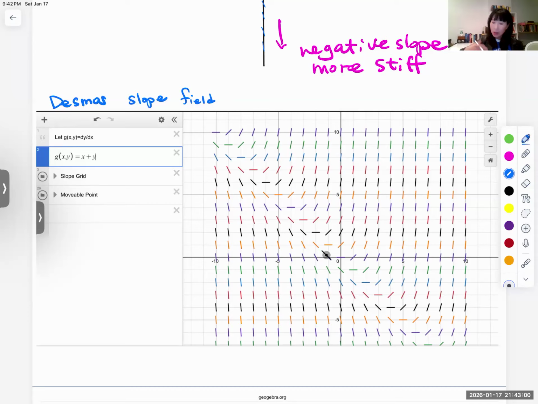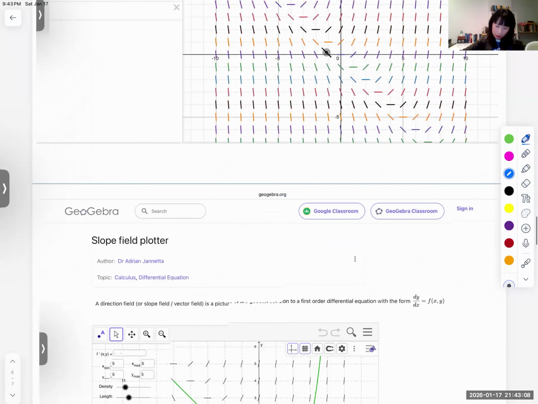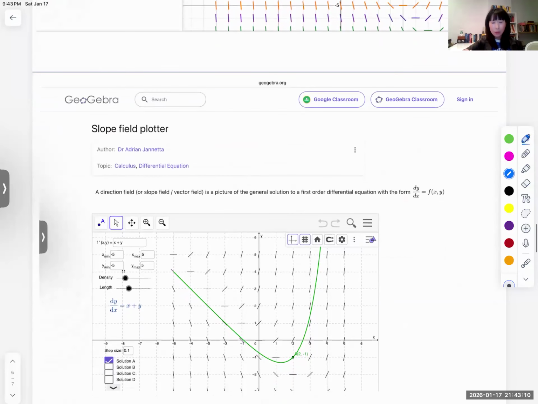Okay, some other website gives us a nice solution here. Let's take a look. So, the slope field plotter from GeoGebra. Can you see that? So they have 2 and negative 1.